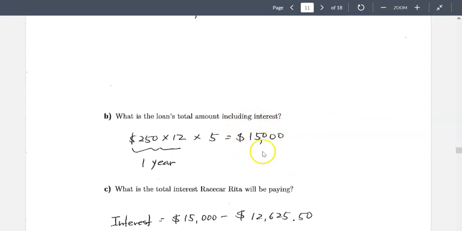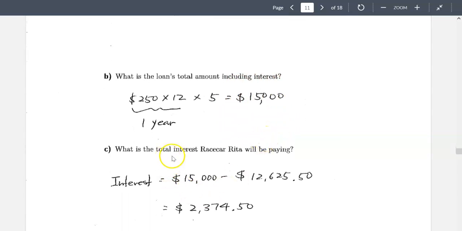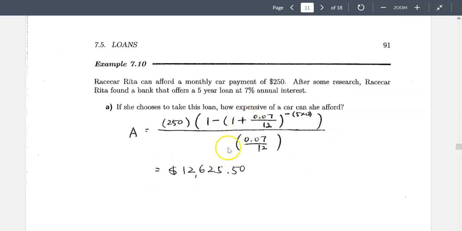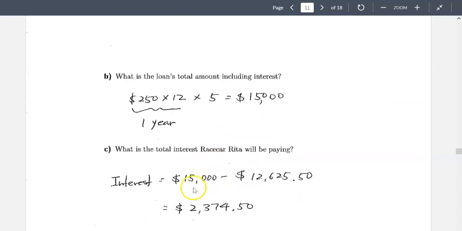That's the loan total amount including interest. Now, how do you find the interest? Take this total, which is how much you're paying, and subtract the loan amount. The difference will be the interest.